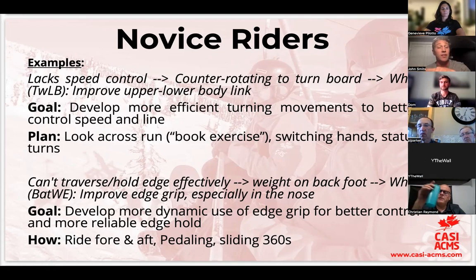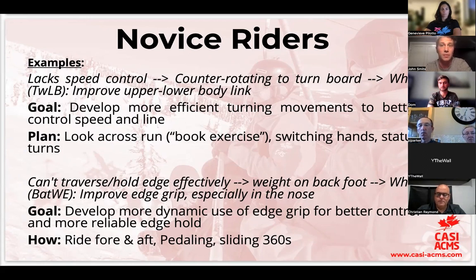Chances are they don't have their weight evenly distributed to have them balanced along the edge. So what we need to work on is balance along the working edge, improving grip, especially in the nose of the snowboard in this case. So the goal here would be to develop a more dynamic use of edge grip for better control and more reliable edge hold.